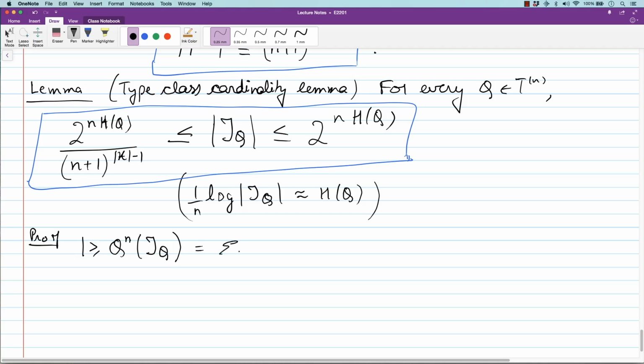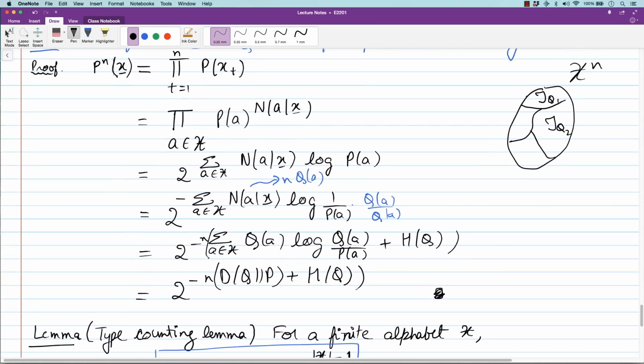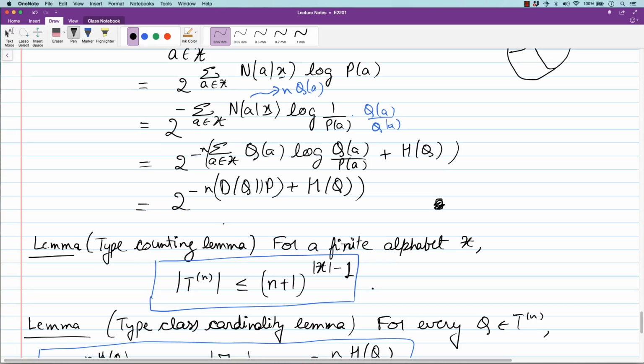This is summation over x in this type set of Q^n(x). But we saw earlier that the probability of a sequence of a given type is 2 to the power minus n times the divergence between Q and P, plus H(Q). But this divergence is 0 because P is Q here. So it's 2 to the power minus nH(Q).